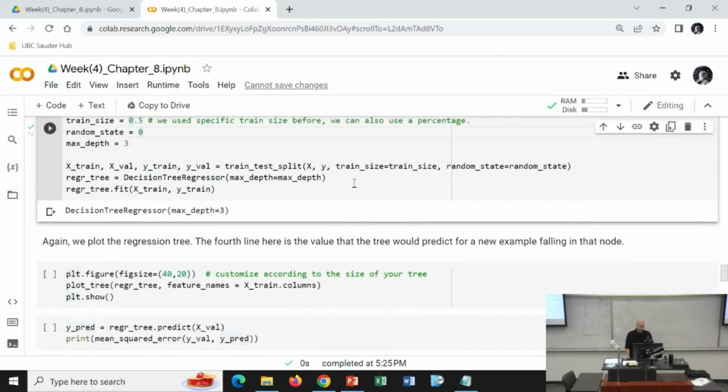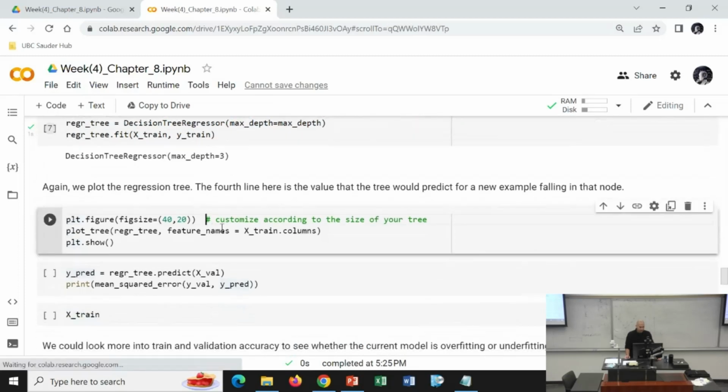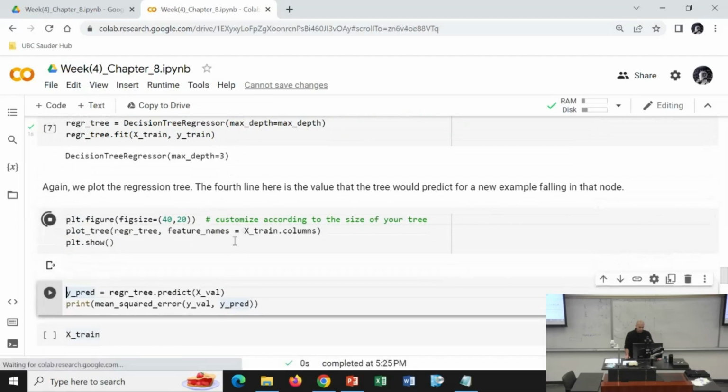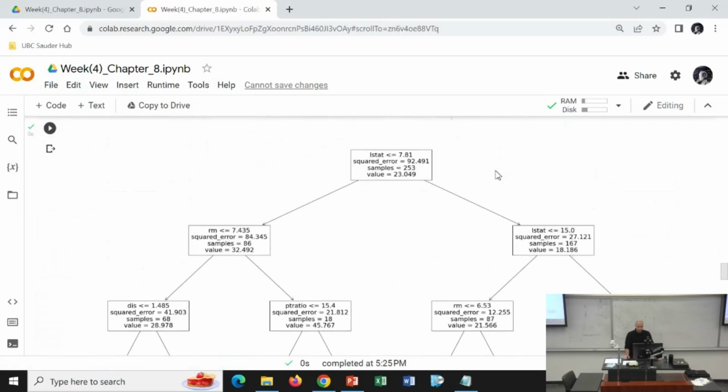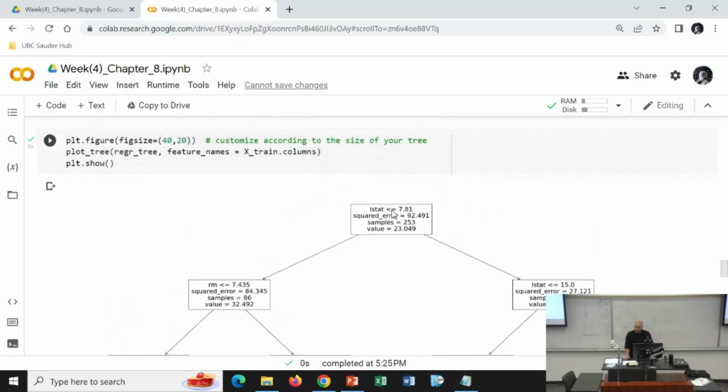So we're fitting a decision tree with max depth of 3. Then we can visualize the regression tree, and you can see that the first question it asks is about LSTAT, right? So what this means is that for Boston, the most relevant predictor was LSTAT, the number of poor people in that neighborhood.